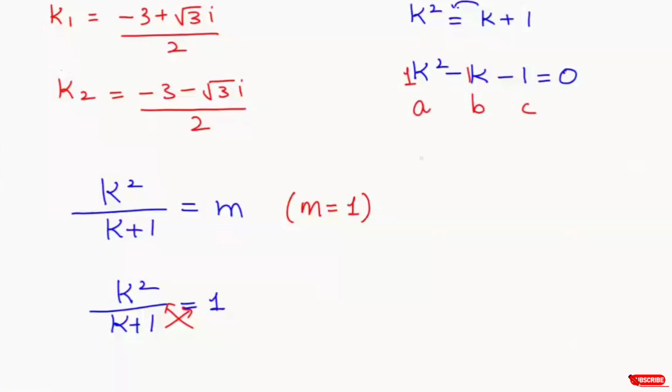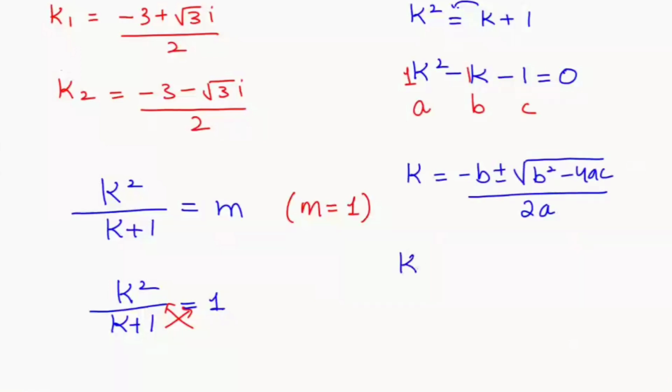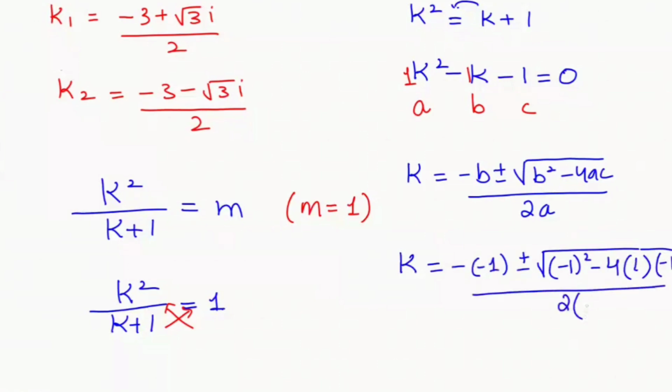The formula is k is equal to minus b plus minus root of b square minus 4ac over 2a. k is equal to minus of -1 plus minus root of -1 whole square minus 4 times 1 times -1, over 2 times 1.